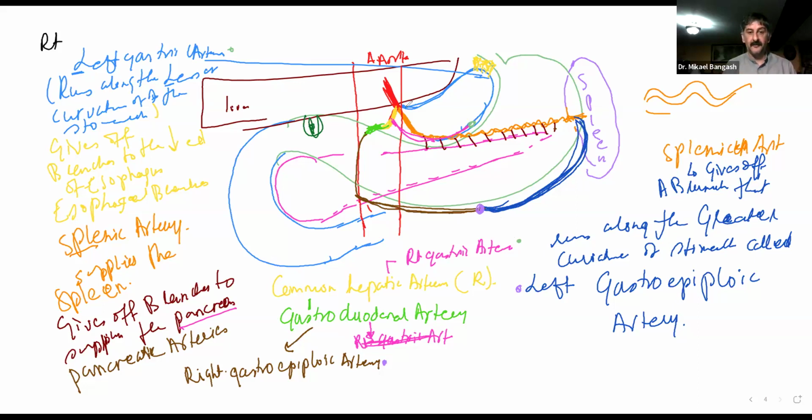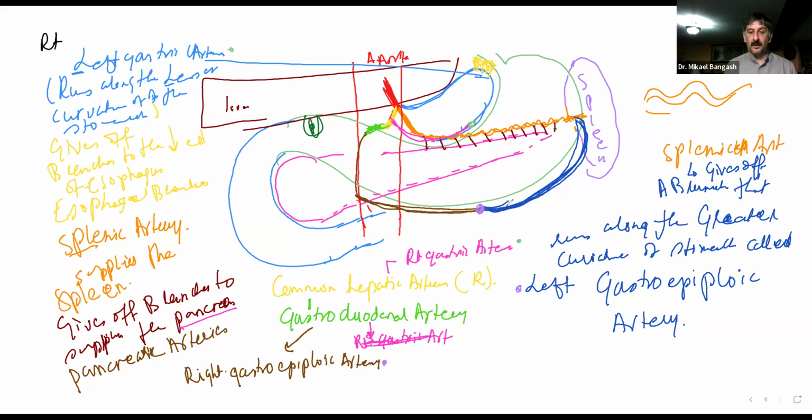Your left gastric artery was a direct branch of the celiac trunk. Your right gastric artery was a branch of the common hepatic artery, which itself was a branch of the celiac trunk. Now, the right and left gastroepiploic arteries anastomose along the greater curvature.